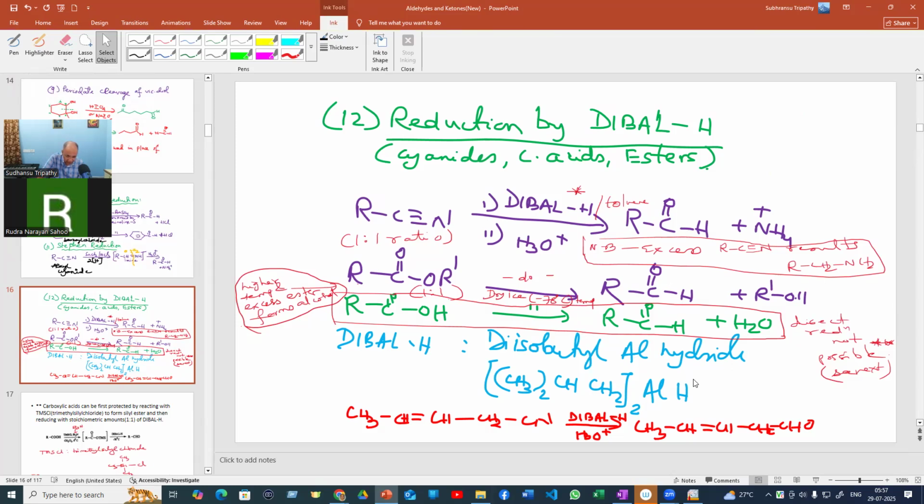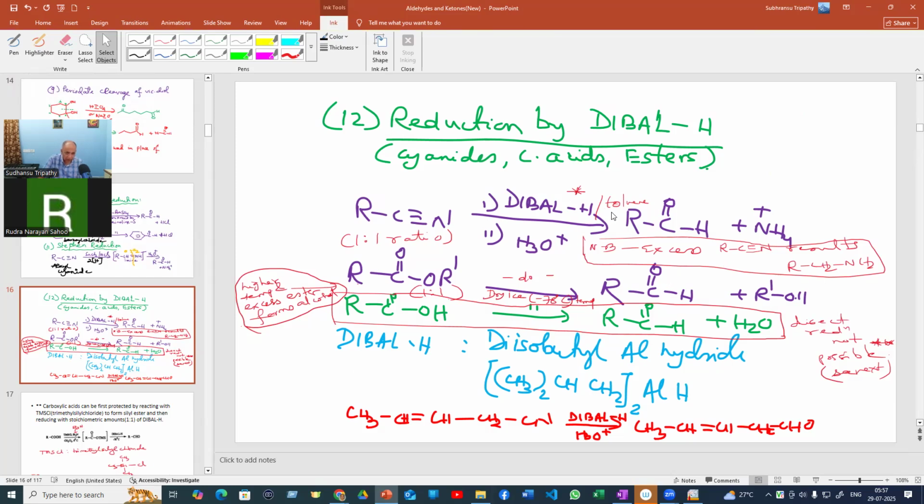There is one hydride, whereas lithium aluminum hydride is LiAlH4. Here only one hydride is there, and there are two isobutyl groups. So diisobutyl aluminum hydride is called DIBAL hydride. It is soluble in toluene, which is the medium.